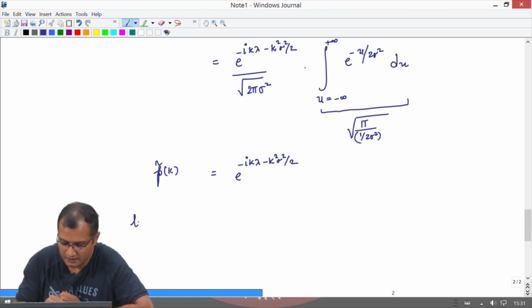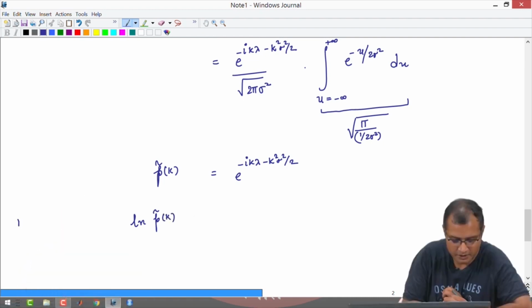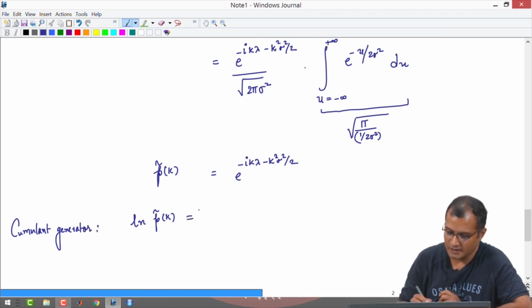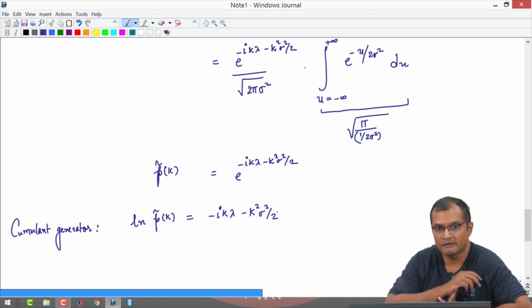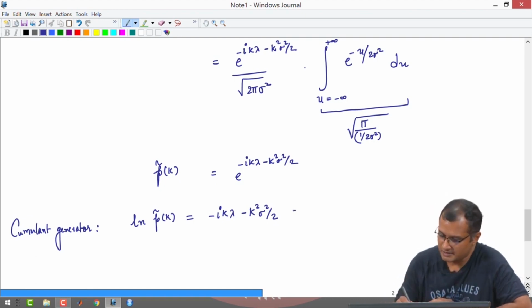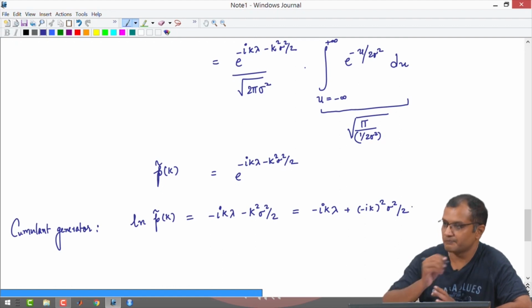So, you can take the logarithm of this, that is nothing but the cumulant generator, okay, and this comes out to be just minus I k lambda minus k square sigma square by 2, okay, if I take the logarithm both sides, and just rewriting it as minus I k lambda plus minus I k whole square sigma square by 2. Okay.